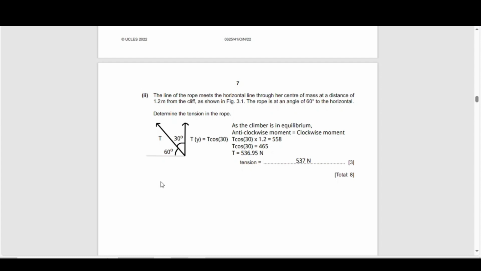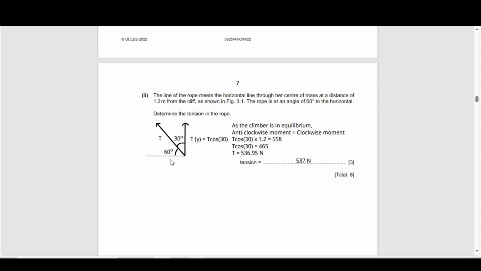And then if we look at SOHCAHTOA, we have to look at the ratio that combines adjacent and hypotenuse, which is the cosine ratio. So cosine of 30 degrees is equal to Ty, which is the perpendicular component of T, divided by T itself, which is the hypotenuse. If we rearrange, we get that Ty is equal to T cosine 30.